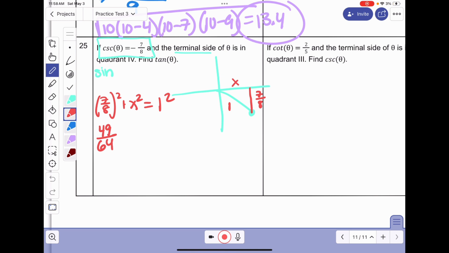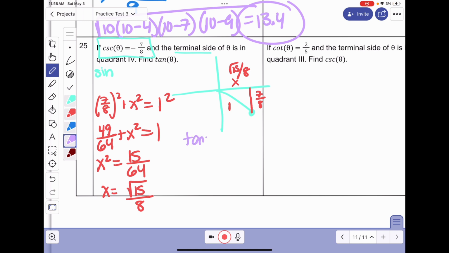So 49 over 64 plus x squared equals 1. Subtract that, you get x squared equals 15 over 64. So we take the square root, and we get root 15 over 8. Tangent is y over x, so it's going to be 7/8 over root 15 over 8.